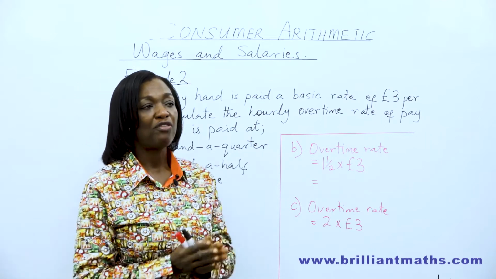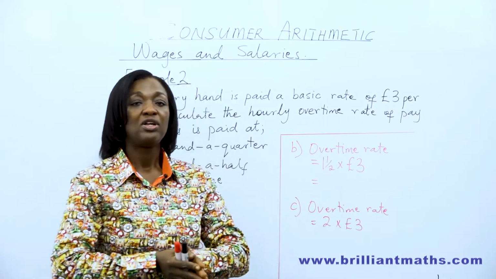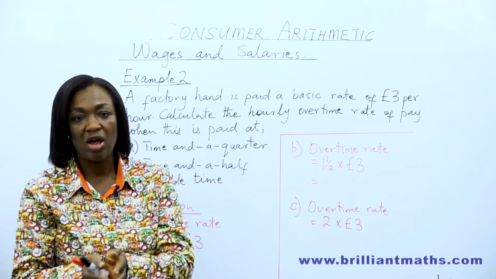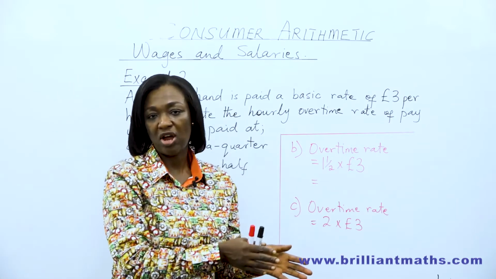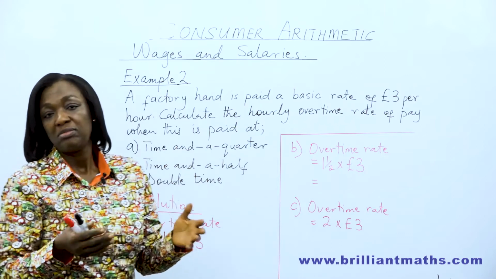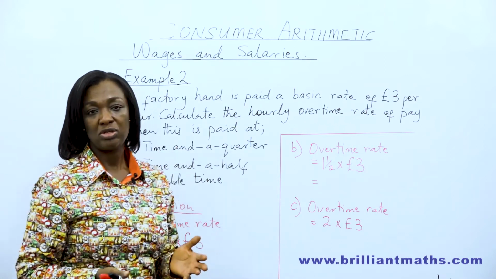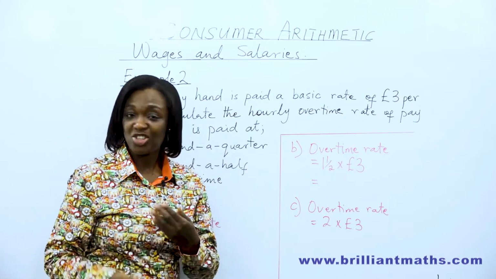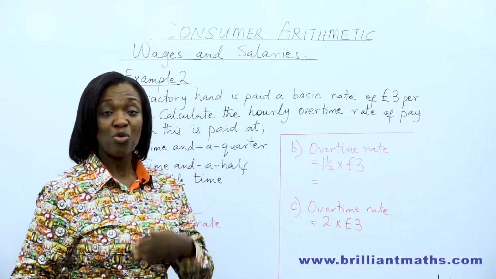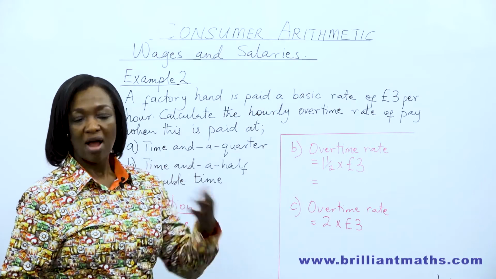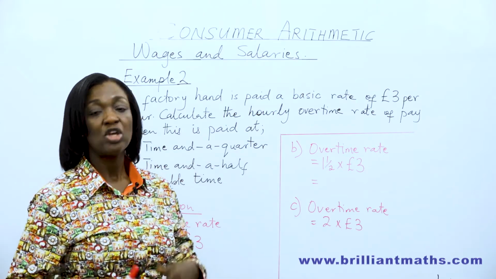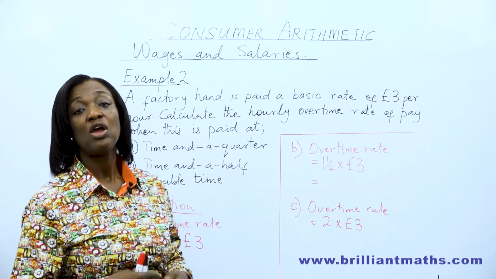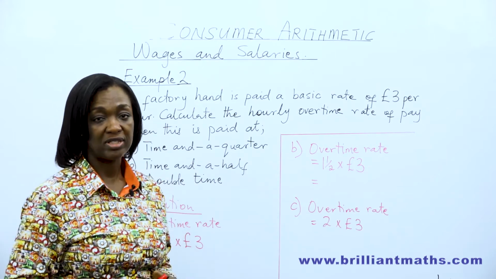So you know that for every extra hour you put, you get your full pay for that hour plus a quarter extra or plus a half extra or plus the same amount. So you get paid double. That encourages workers to put in extra hours into work, which in turn leads to higher productivity in companies. So a lot of factories encourage their workers by paying good overtime rates.